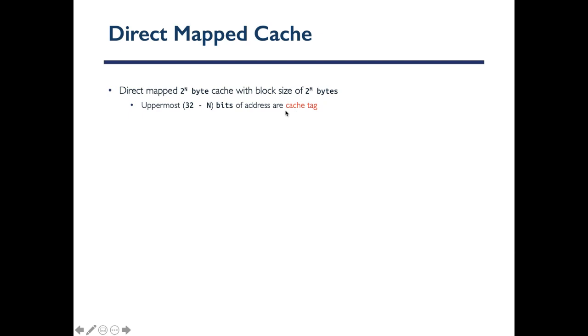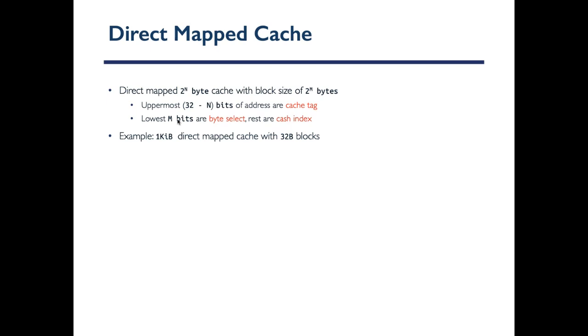M bits are going to be used as byte select because each block is 2 to m bytes, so we need m bits to figure out which byte we need. And the rest of it, which is 32 minus n minus m, is going to be used as your cache index.